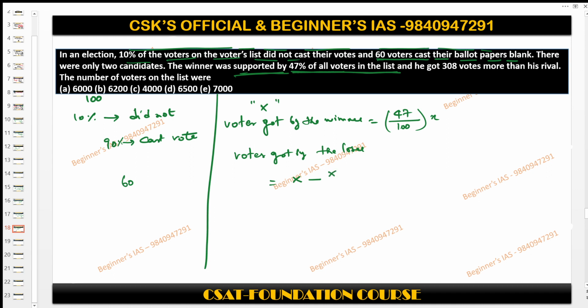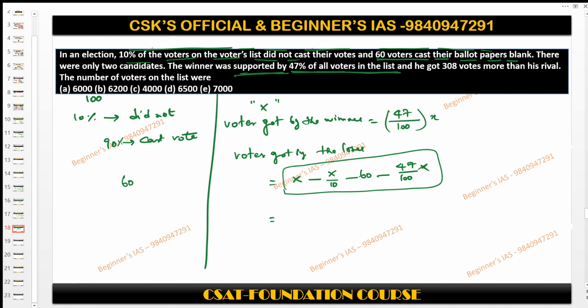Out of this total, 10% do not cast, and minus blank paper also we have to subtract, and minus the winning person's votes. Understood this logic first? Okay, fine.